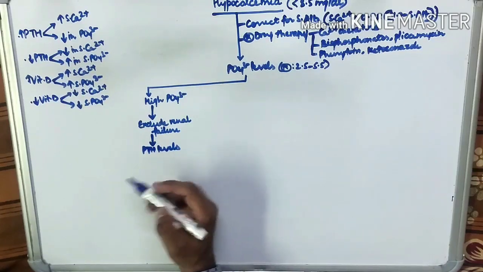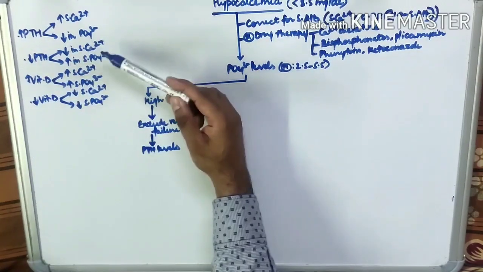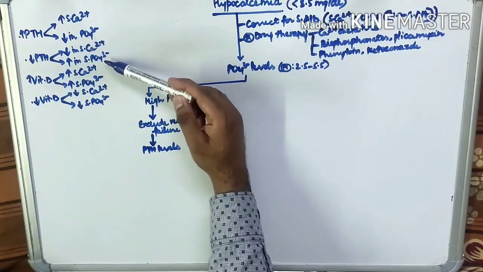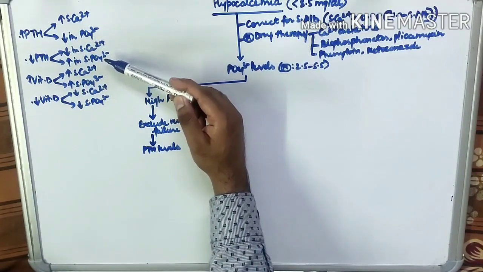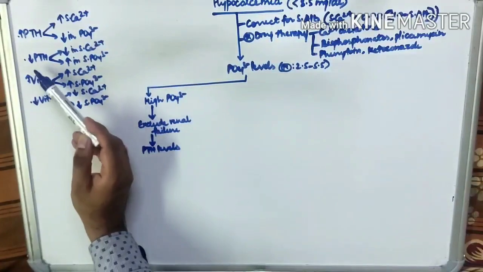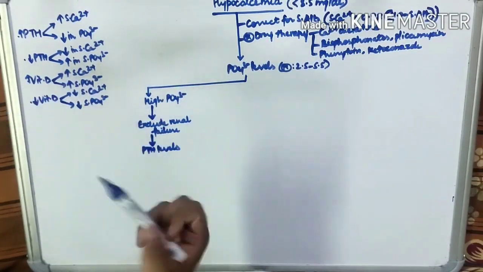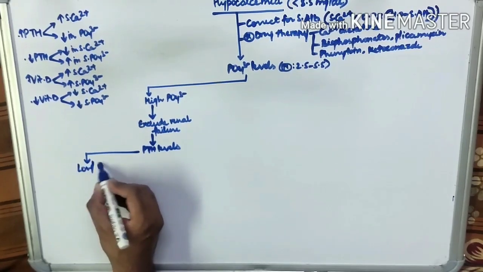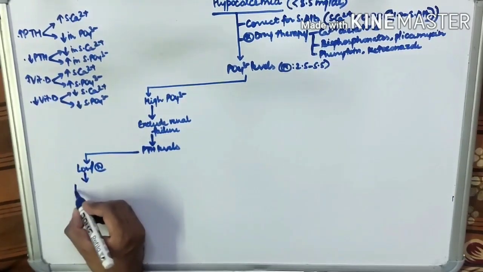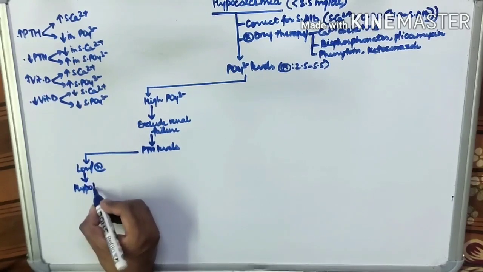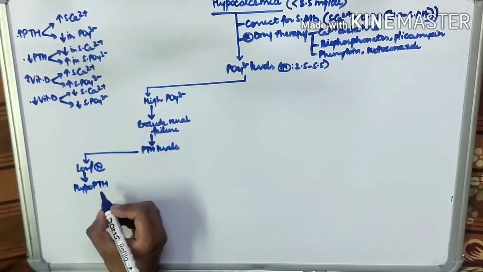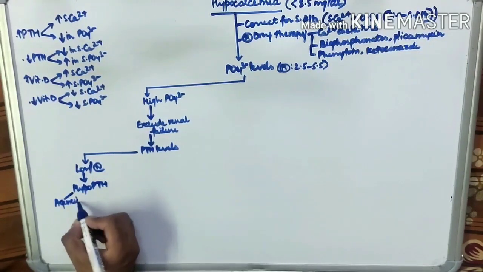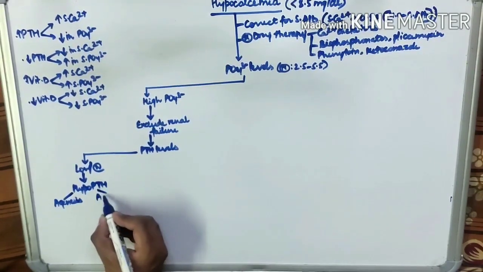As I have discussed already, if there is a decrease in serum calcium and increase in serum phosphate, that suggests that the patient is having hypoparathyroidism. So if the PTH level is low or inappropriately normal, that means you are dealing with hypoparathyroidism, which could be because of agenesis of parathyroid gland or acquired causes.